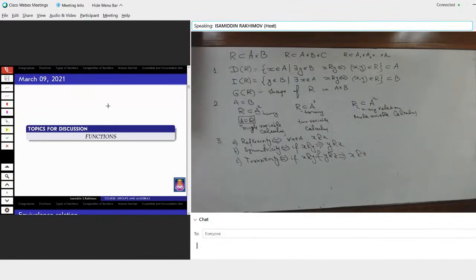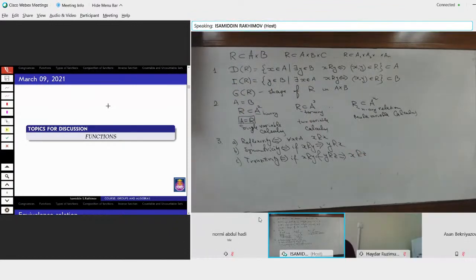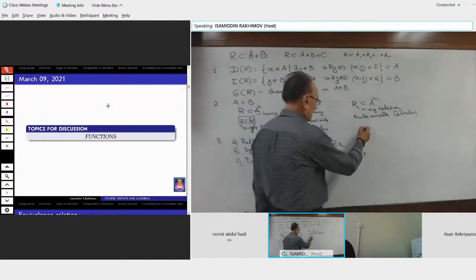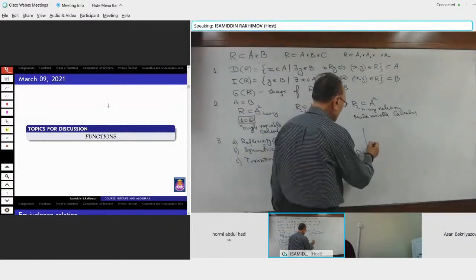So these three properties we identified. You can identify more properties, but we will deal with only these three.